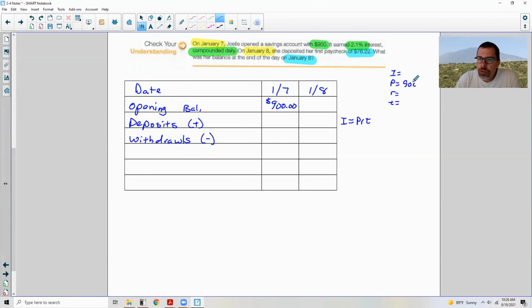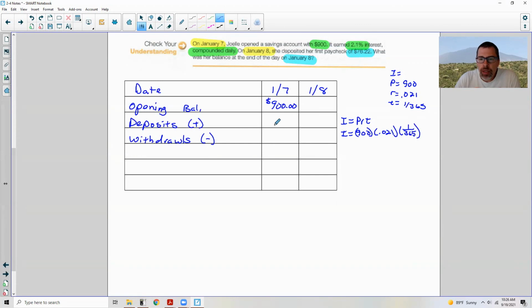Principal's 900. Rate is 0.021. Compounded daily is 1/365. Okay, so we're going to get I equals our principal of 900 times the rate, 0.021, times 1 over 365.